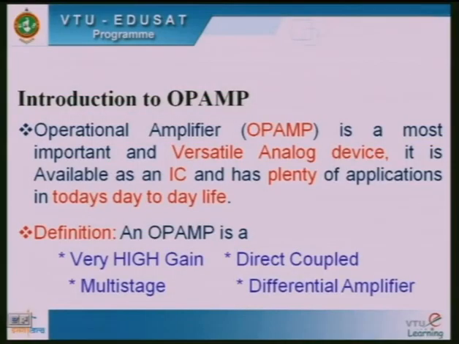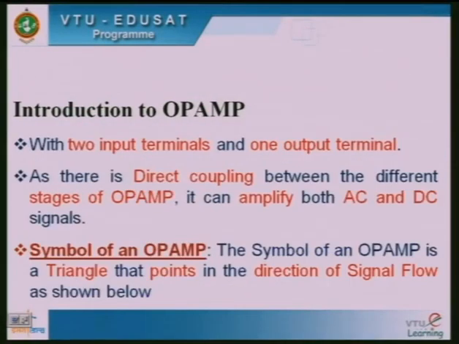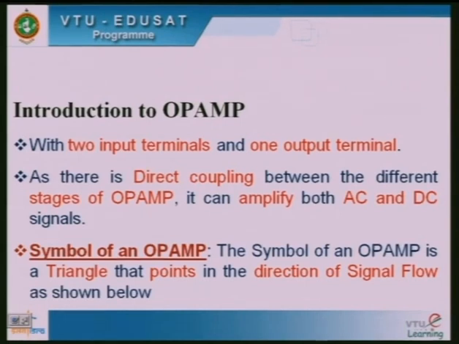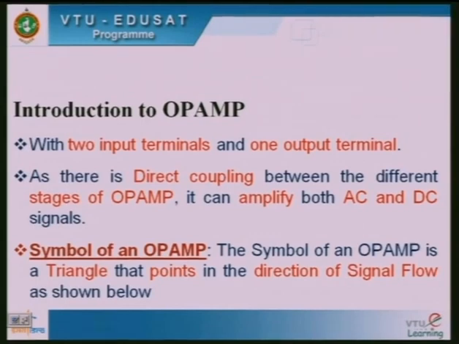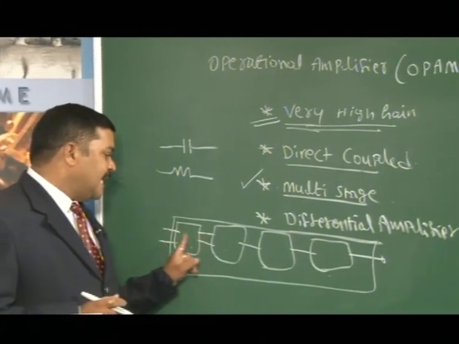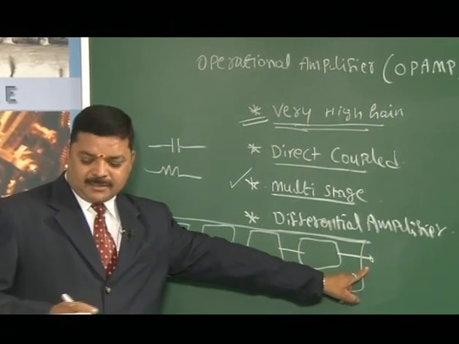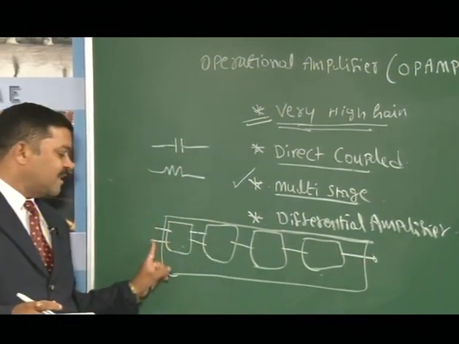Coming to the introduction to the operational amplifier, the next point. With 2 input terminals and 1 output terminal, we can see the block diagram here. There are 2 input terminals and 1 output terminal. This is the output and these 2 are the inputs.